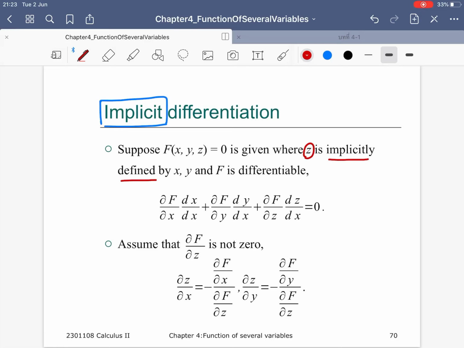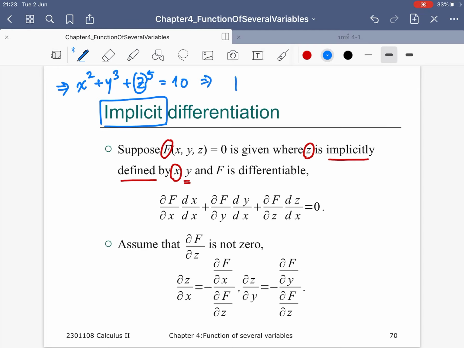defined in terms of x and y. As we define it implicitly like this, your z, x and y will relate in one relation called capital F. For example, it may say that x squared plus y cubed plus z to the fifth equals 10, and your z is a function of x and y defined implicitly by this relation.